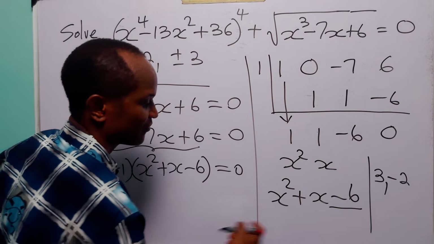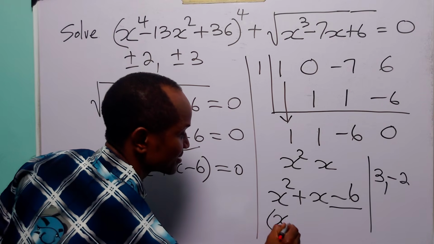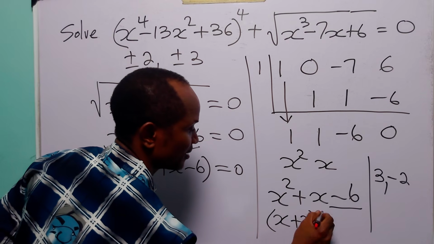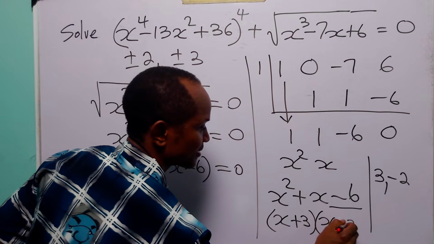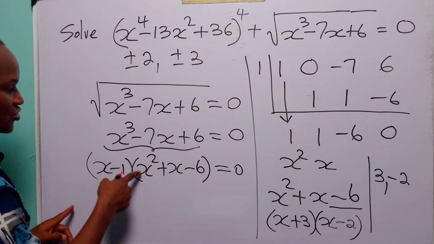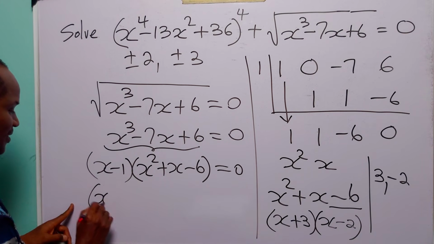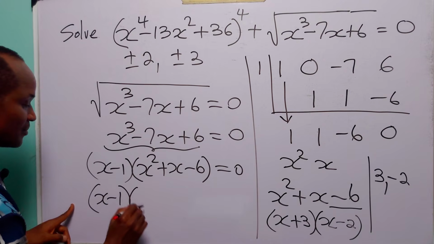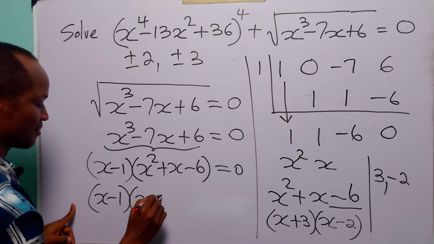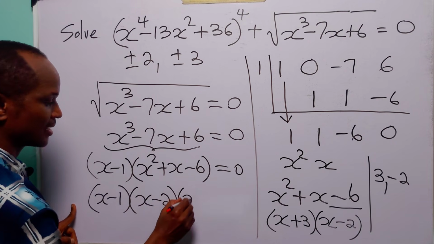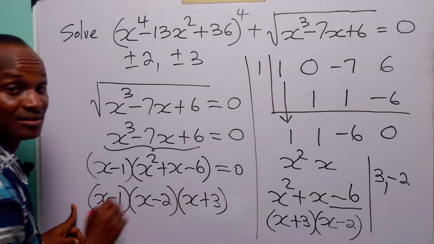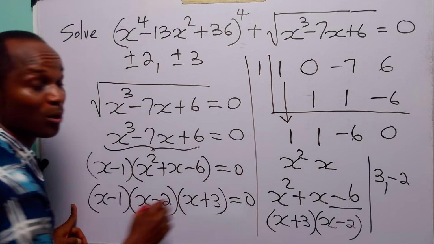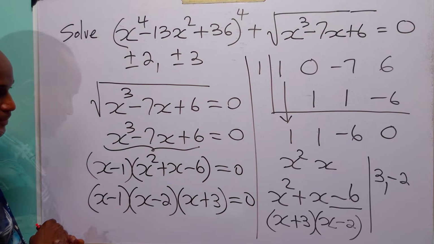So that means that we can factorize this as x plus 3 multiplied by x minus 2. So here we have x minus 1, x minus 2, and x plus 3. And of course, this is equal to 0.